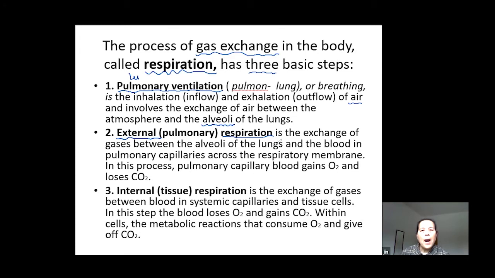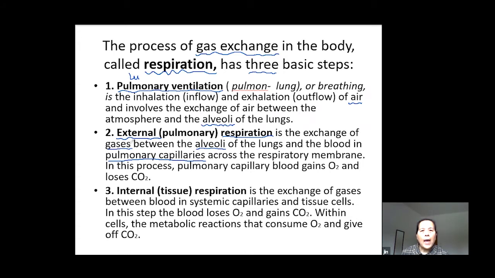This gas exchange is between the alveoli and the tiny blood vessels in the lung, which we call pulmonary capillaries. Capillaries are just small blood vessels; if they are in the lung, we call them pulmonary capillaries.